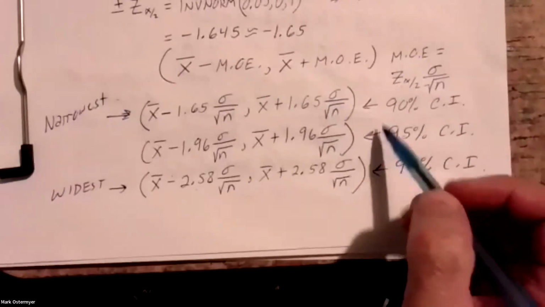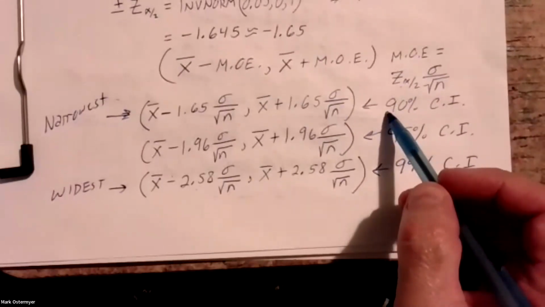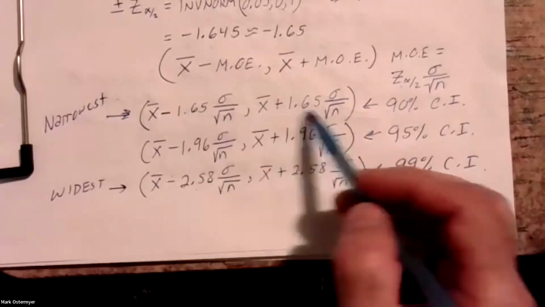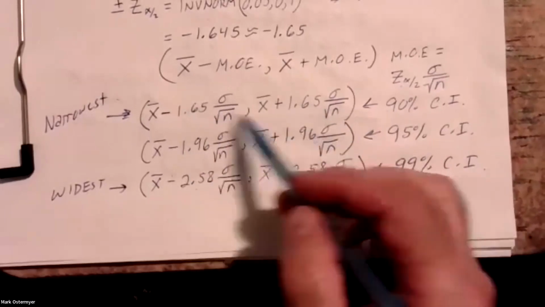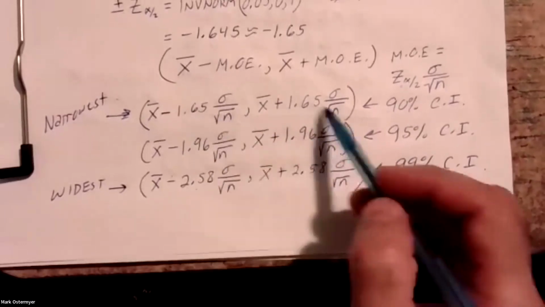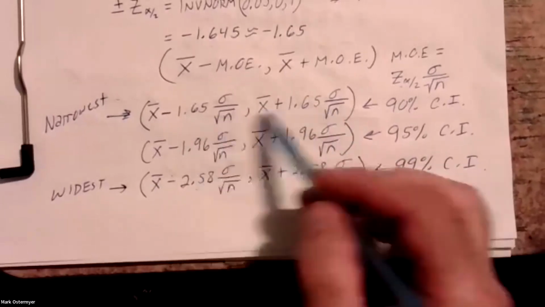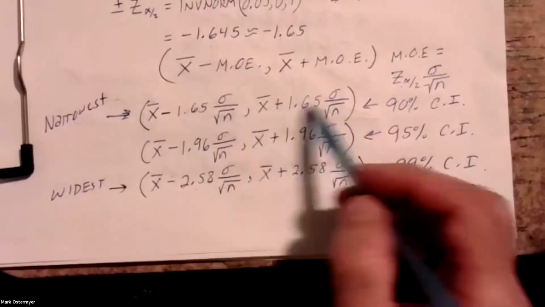Well, if I lower my level of confidence, now I'm not as confident that my unknown population mean mu even lies in this interval. But ladies and gentlemen, if it does, I have more precision in determining its actual value because this interval is more narrow. I have fewer values to choose from in this interval here.